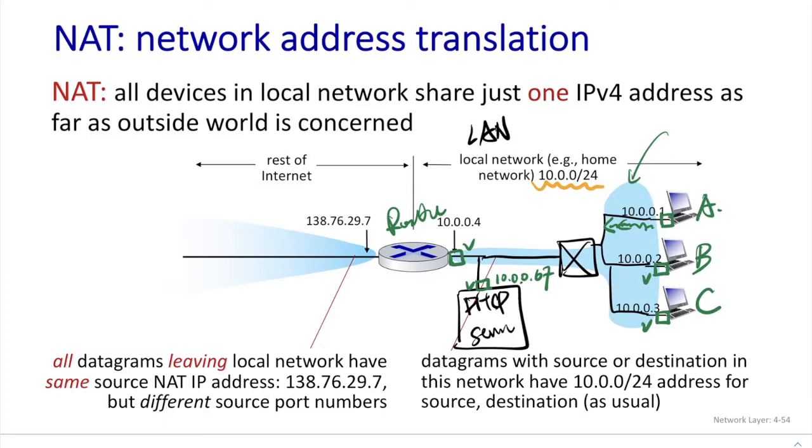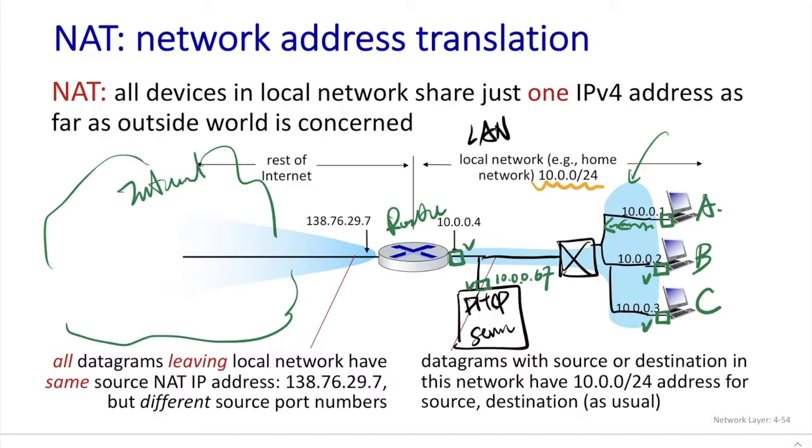In the LAN, but there's a rule that all the routers in the internet, if they receive a packet whose source or destination IP address is a private IP address, will simply discard or drop this packet.